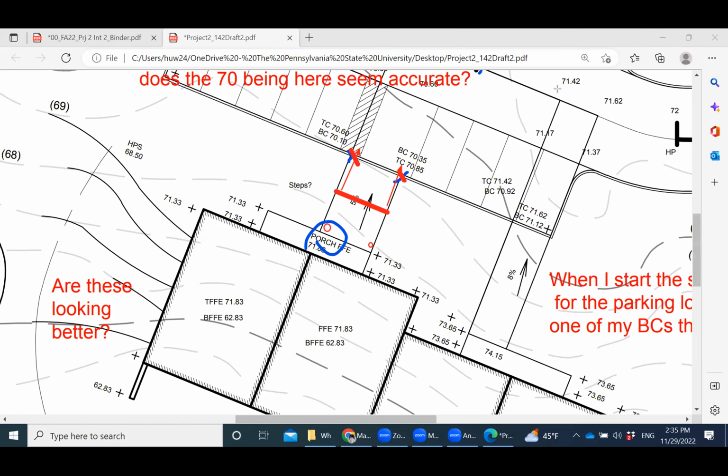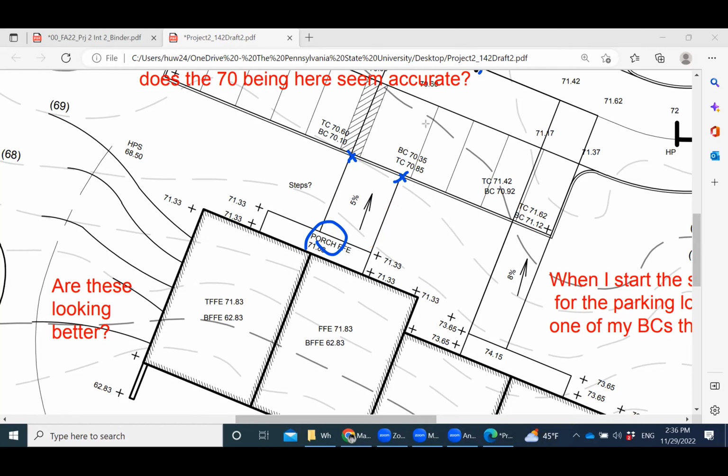I can't easily see where 71 is. Well, I'm looking for 70.50. It's a little confusing there.